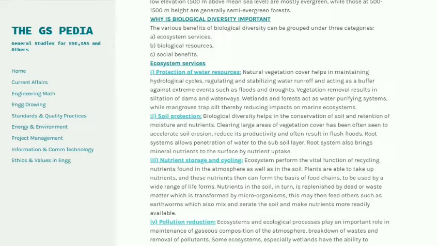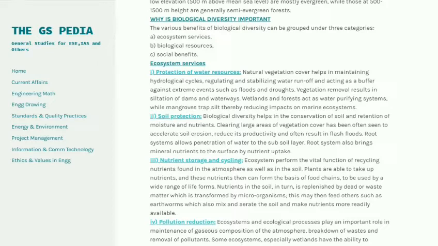Clearing large areas of vegetation cover has often been seen to accelerate soil erosion, reduce its productivity, and often result in flash floods. Root systems allow penetration of water to the subsoil layer. Root systems also bring mineral nutrients to the surface by nutrient uptake.